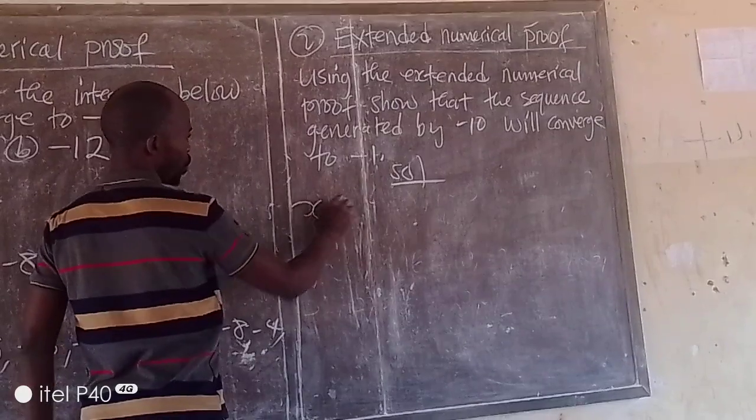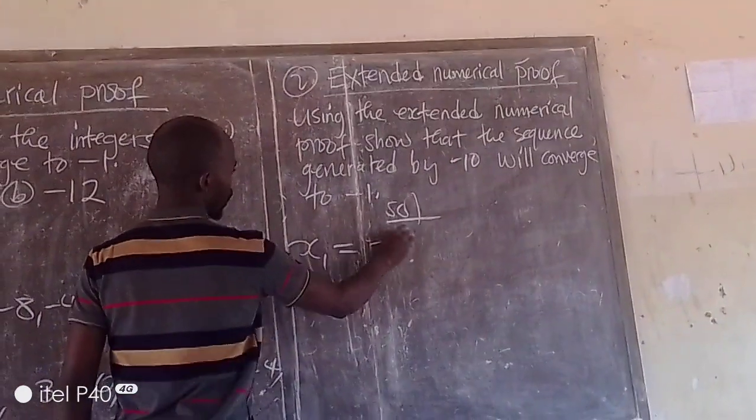The first integer in the sequence, x1, will be equal to negative 10.